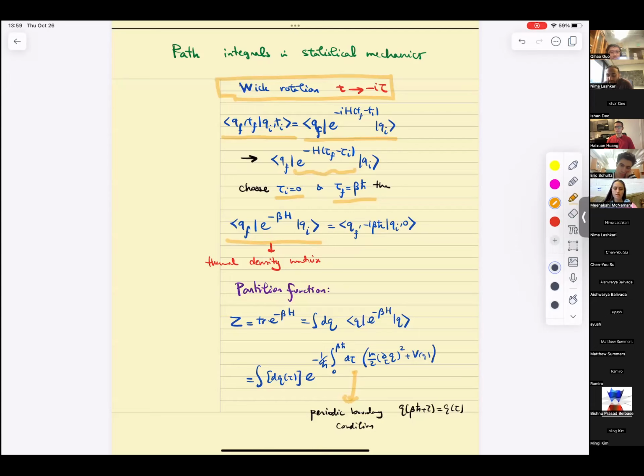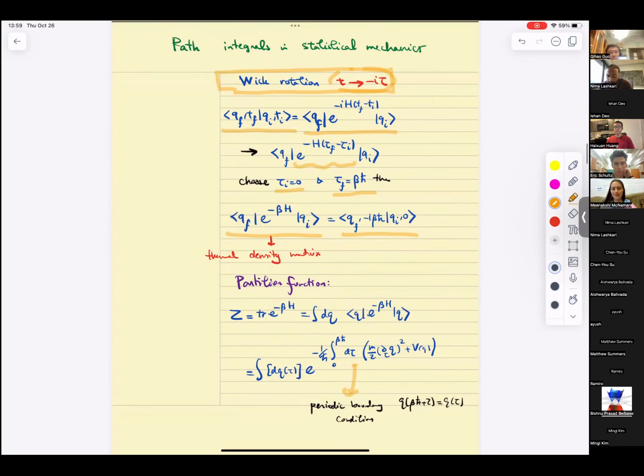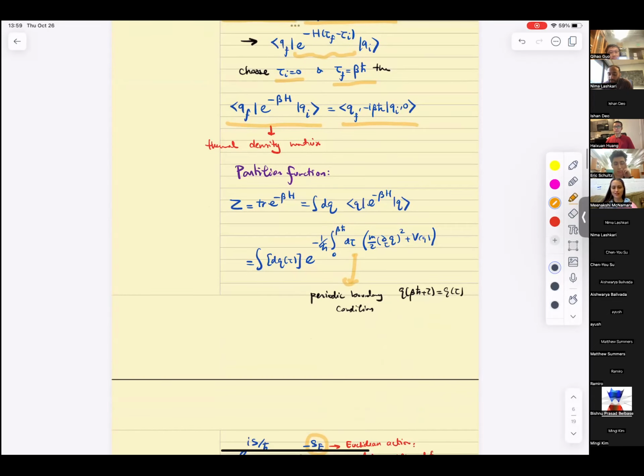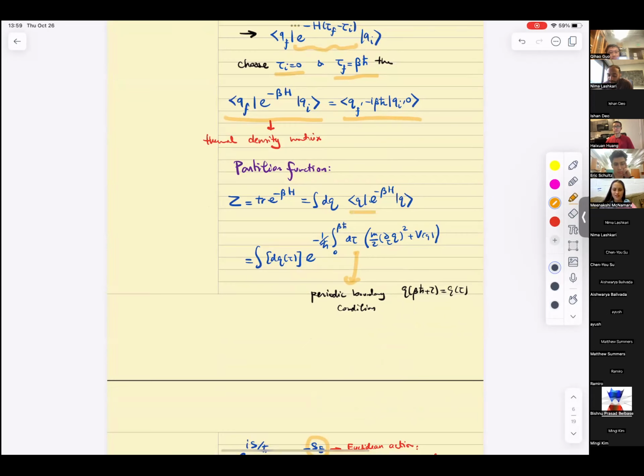So the thermal density matrix is related to the propagator under the following analytic continuation, Wick rotation, right? Now, if you take this matrix element and integrate over all Q, that's calculating the trace of e to minus beta H, otherwise known as the partition function, Z of beta, right?